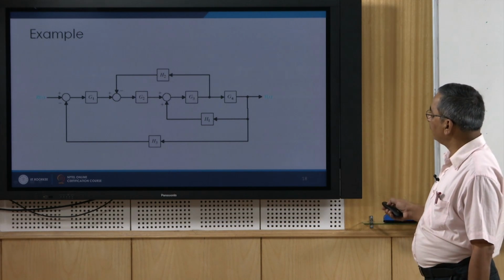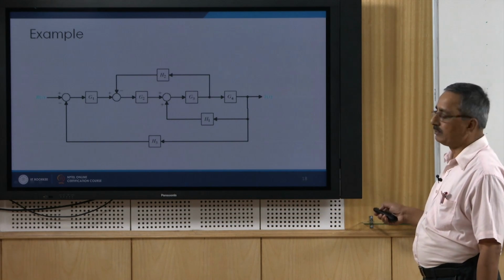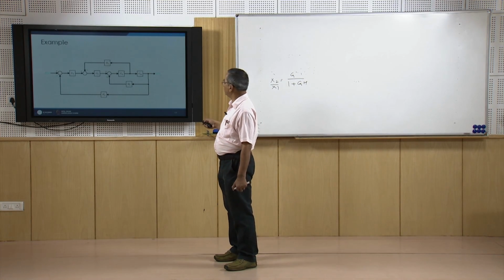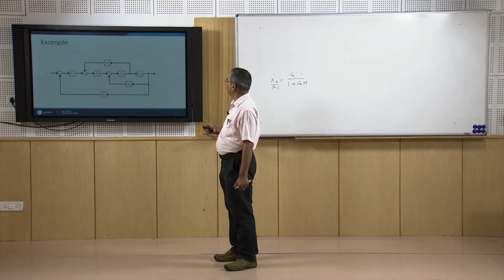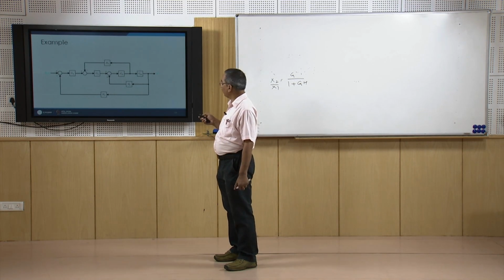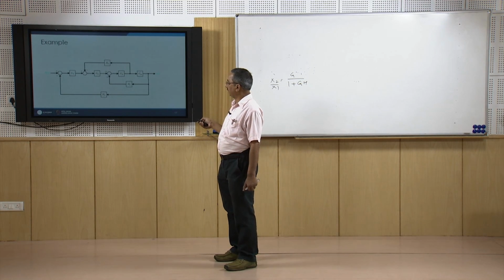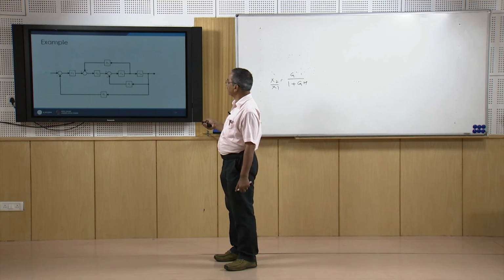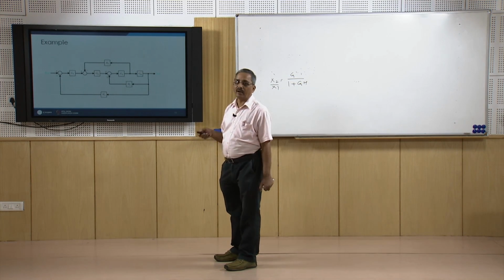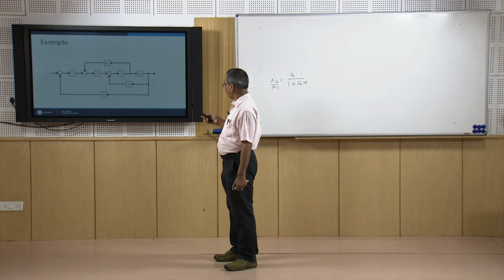We can simplify this model as per the procedure which I have just discussed, and we can get the overall transfer function for this system. I am not going to solve this; I am leaving this as an exercise to you. So, please try to solve this. This is the practical application of whatever we have talked about in this lecture.